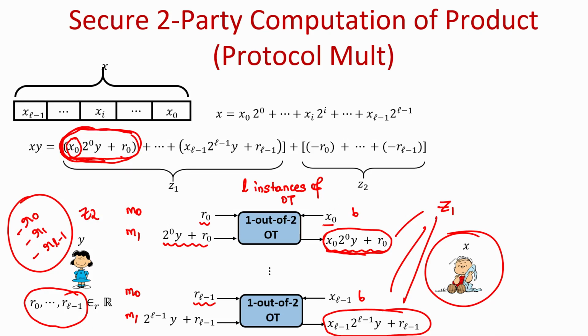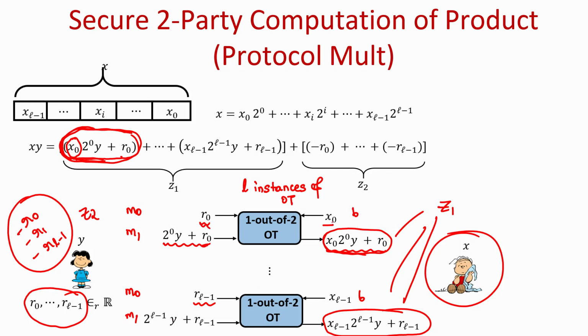In this process, nothing about X is revealed, because the bits of X are nothing but the choice bits of our receiver here, and if the OT is secure, then the privacy of OT ensures that nothing about the choice bits is revealed, and that ensures that the full X remains private. Whereas, the privacy of Y is also preserved, because in each instance of OT, even though the input Y is used, an independent pad is also used.